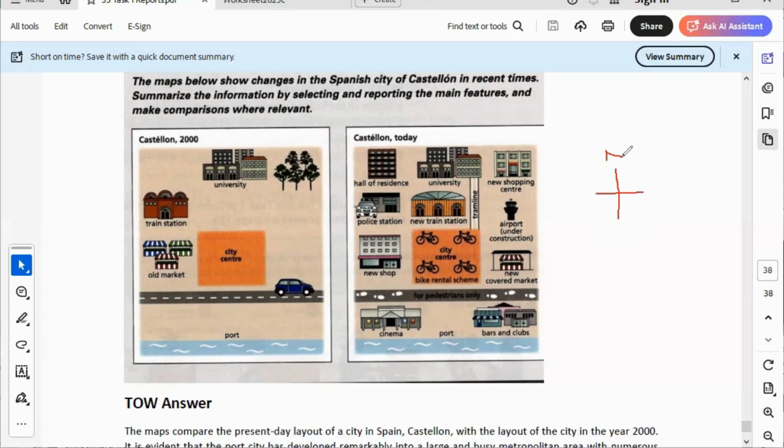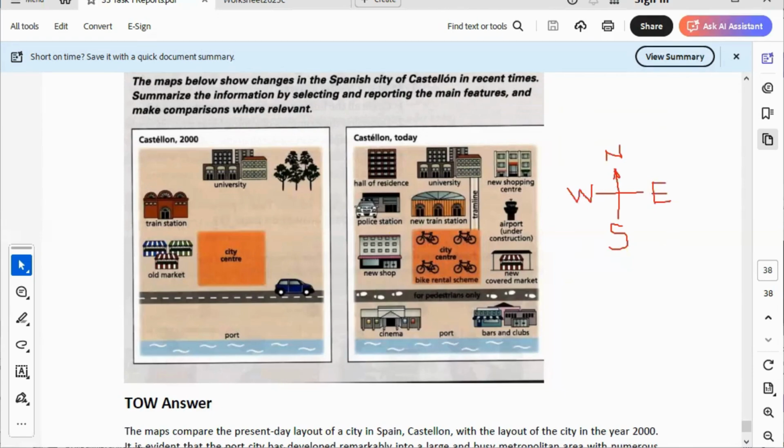North is at the top, south is at the bottom, east is on the right side, and west is on the left side. Okay? So this is what we call the cardinal points for maps.